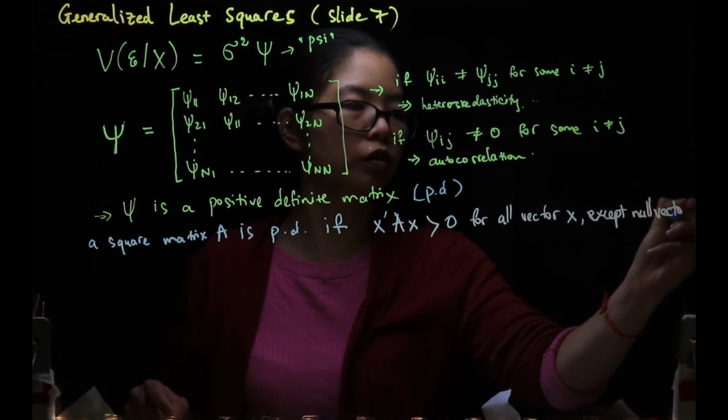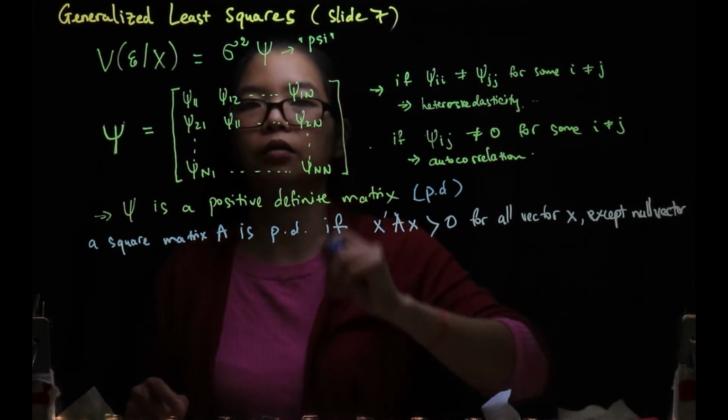You know what the null vector is? It's the vector with all elements 0.